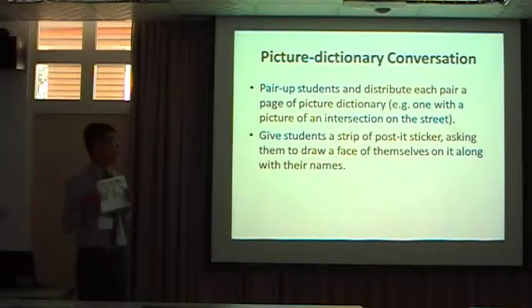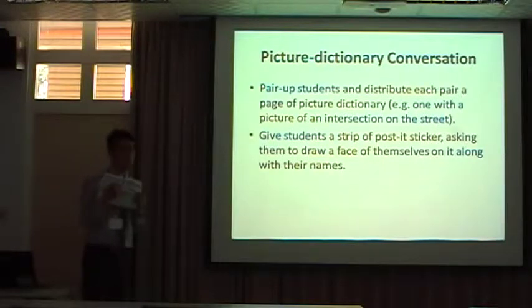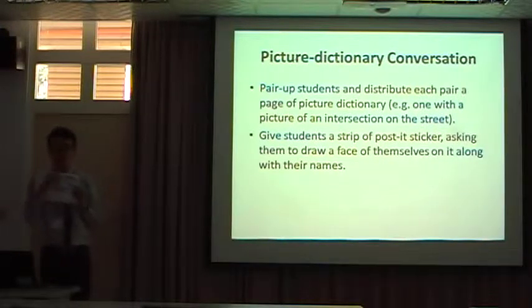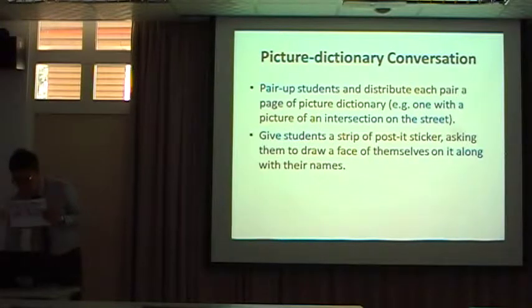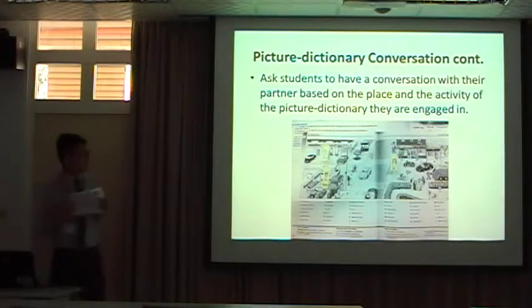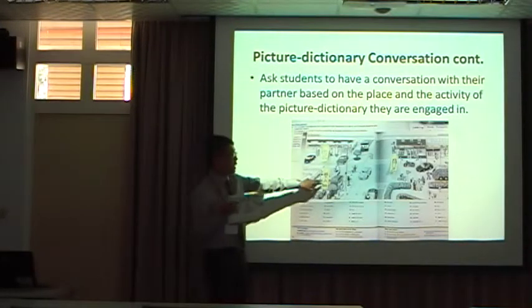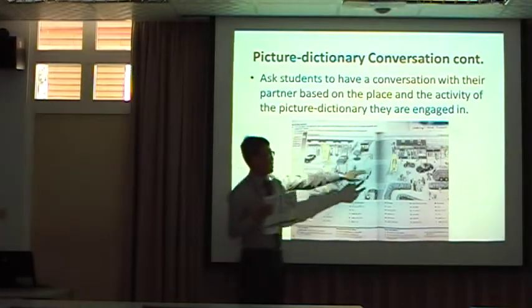Then we give the students post-it stickers and ask them to draw a face of themselves and write down their names on the sticker, and put the stickers wherever they would like themselves to be on the street, such as this one.